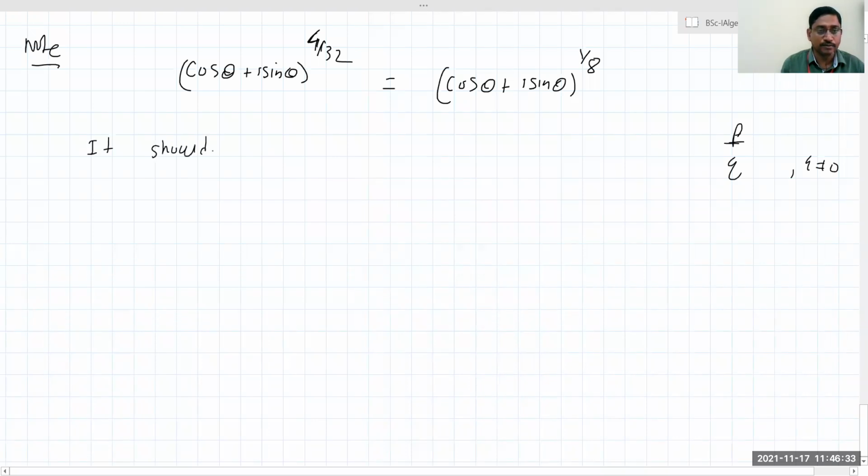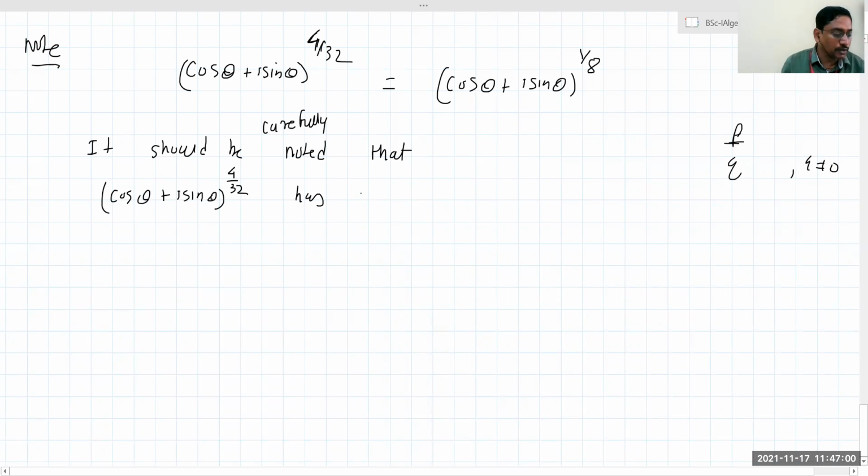It should be noted that cos theta plus I sin theta, when we have a power like this, has 8 and only 8 distinct values, not 32 values.